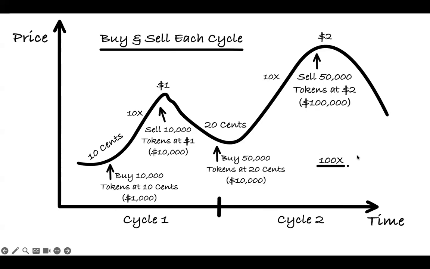If we had held on to those coins, we would potentially only 20x, maybe in a best-case scenario. But because we bought and sold, which is the best way to do it in altcoins, you buy at the bottom, sell at the top, buy back in at the bottom, and then sell back at the top. We've made a 100x gain as opposed to a 20x gain over 2 cycles.